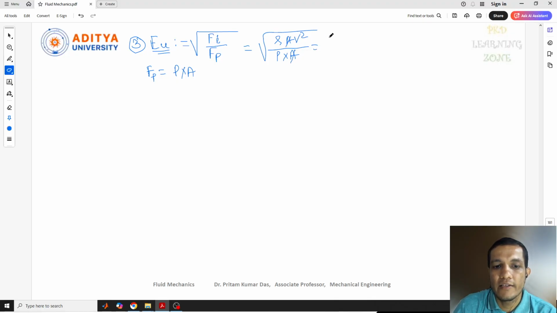and here we can write v square by, if I take this rho to the denominator, p by rho, and this is root over. Here root over is not there, I just took it to the denominator. So if you want to remove the square, we can write v by root over of p by rho.